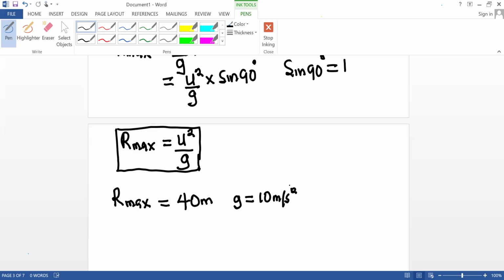So let's confirm. R max, the maximum range, is equal to U squared over g. So if maximum range is 40, then 40 equals U squared over 10.